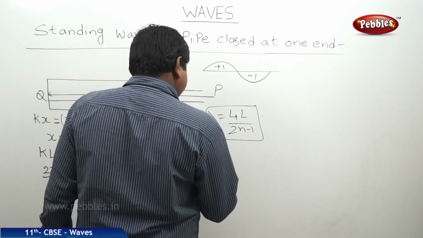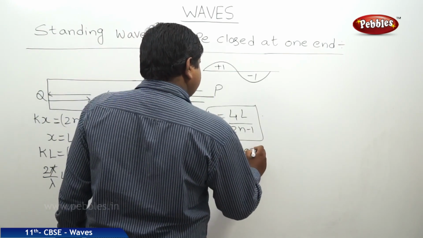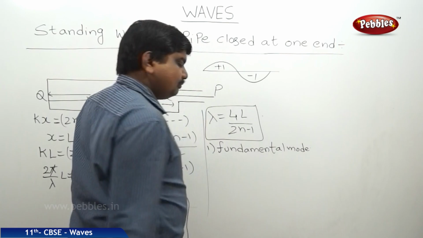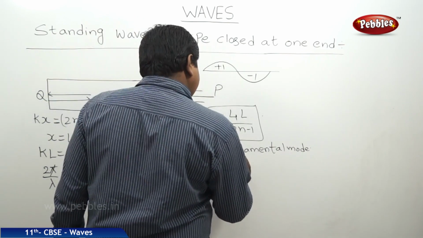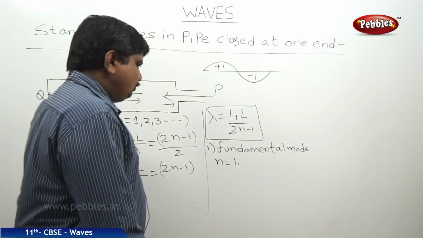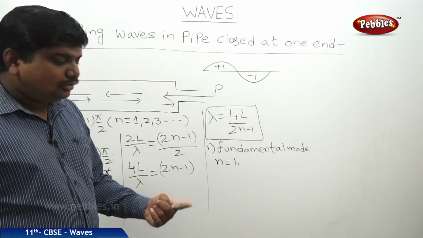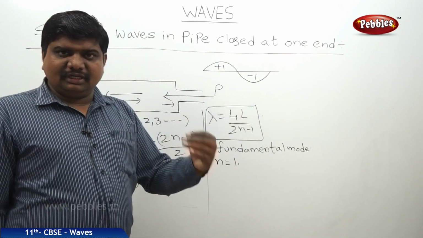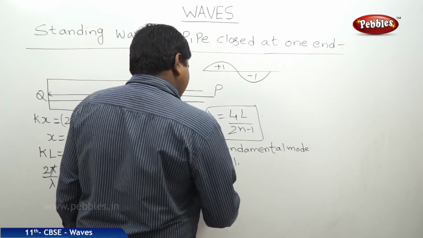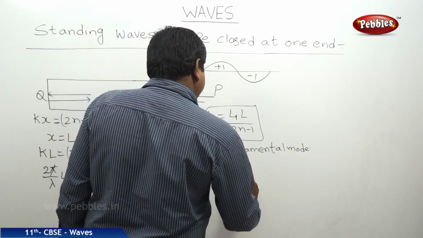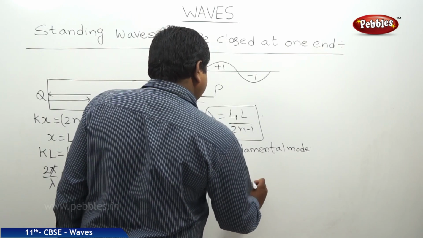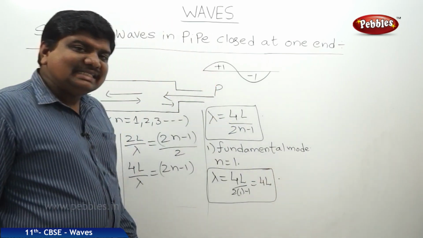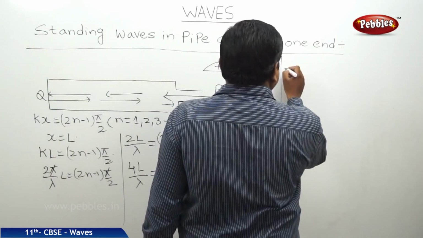Now, fundamental mode. For fundamental mode, n is equal to 1. We are finding the frequencies of all modes: fundamental mode, first overtone, second overtone, or fundamental mode, second harmonic, third harmonic, like that. So, n is equal to 1, therefore, lambda will become 4L by (2 into 1 minus 1), that is equal to 4L. If lambda is equal to 4L, what about the frequency?